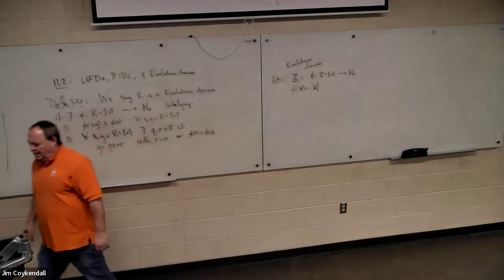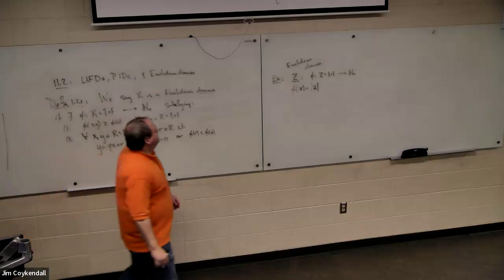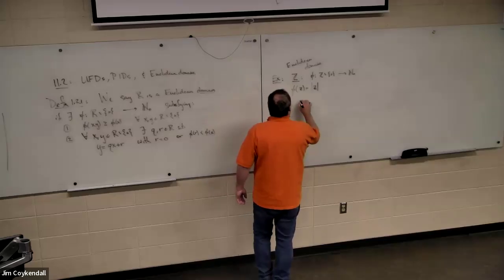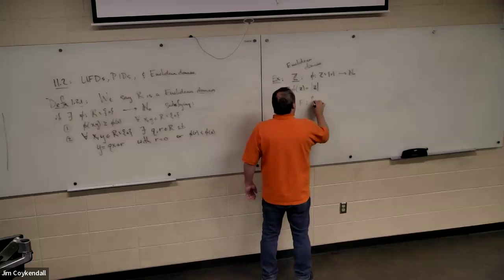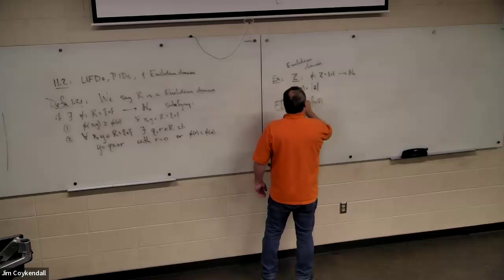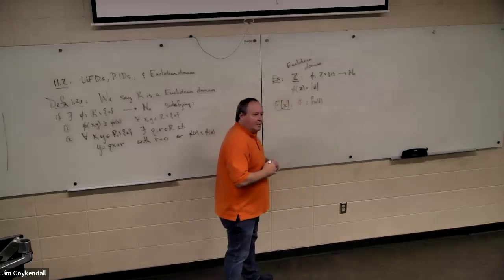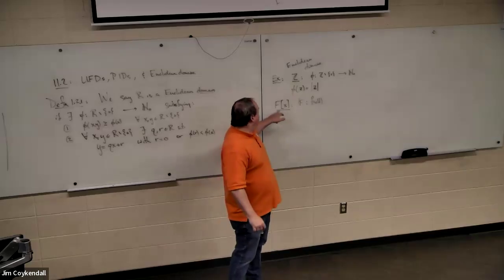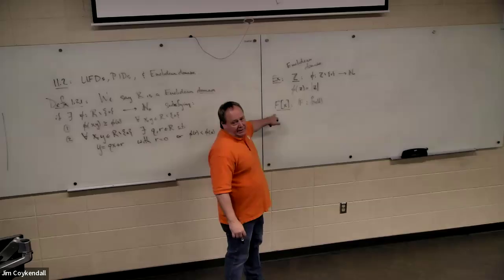Another one that's important. Another important example is a polynomial ring over a field. If you're not over a field, this is not Euclidean. It has to be over a field.